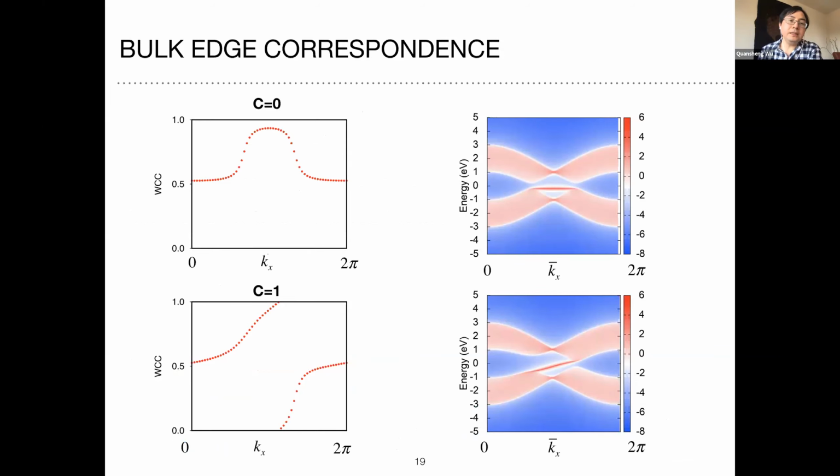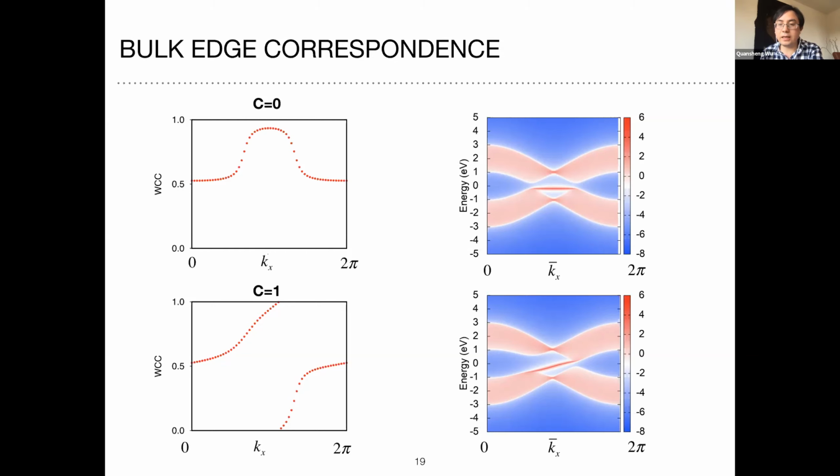This is the Wannier charge center for the Haldane model. If you look at this one, it's just trivial because the Chern number can be calculated by subtracting this one from this one. It's just 0. So if you look at the edge states, it's also trivial. Why is it trivial?